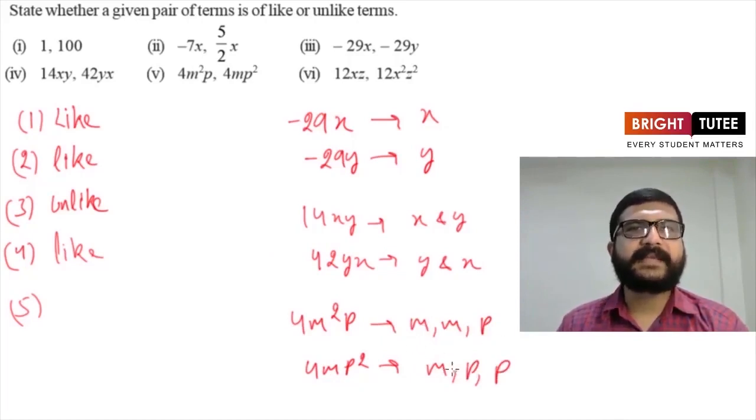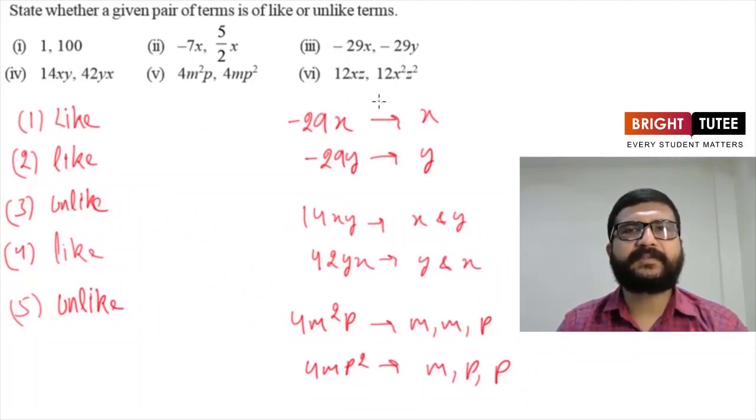Here variables are exactly same but their powers are not same here. For terms to be like terms, variables used in both the terms should be exactly same and powers of those variables should also be same. Here powers are not same, so it means these terms are unlike terms. If the terms are not like terms, they are unlike terms.